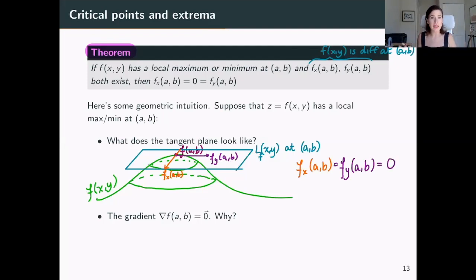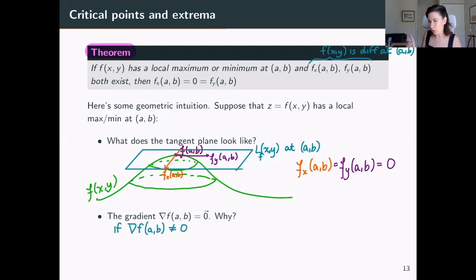And we can also say something about the gradient of f at (a, b). The gradient should be 0. And the question here is, why does that make sense? And we can answer that by saying, well, let's suppose that the gradient is not 0. So if the gradient of f at (a, b) is not equal to 0, we can use what we know about the gradient and its max or min values.